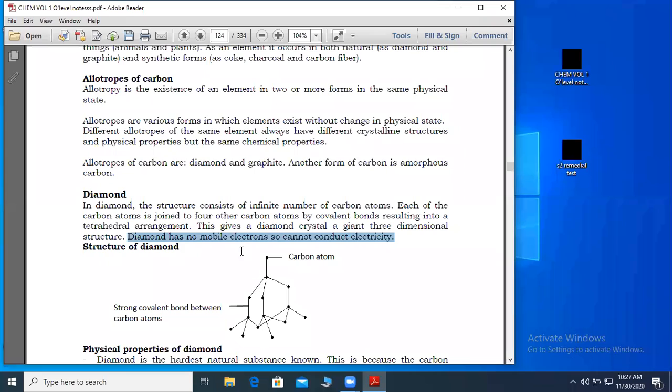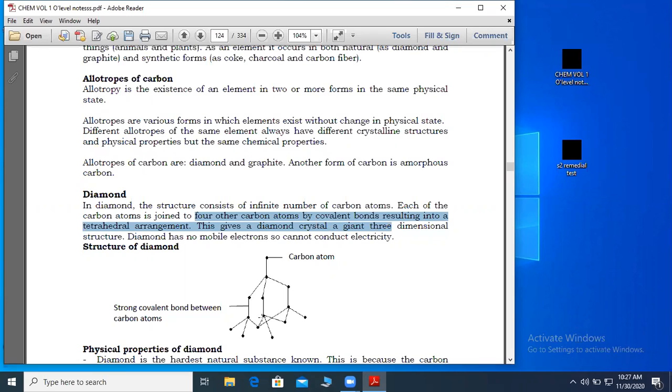We are saying each carbon atom is joined to 4 other carbon atoms by covalent bonds, resulting in a tetrahedral arrangement. So if each carbon atom is joined by 4 covalent bonds, it means all electrons of carbon participate in bonding.